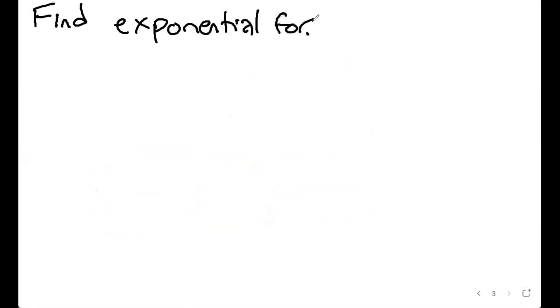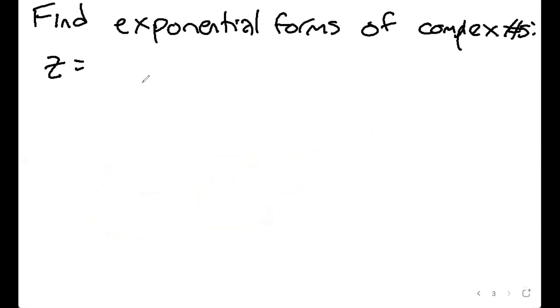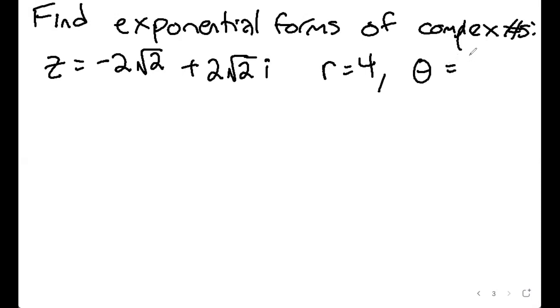One thing that this can do is we can find exponential forms of numbers. So for example, let's use the number that we used in a couple of videos ago. z is equal to -2 square root 2 plus 2 square root 2 i. And if you recall, r was equal to 4 and theta was equal to 3 pi over 4.